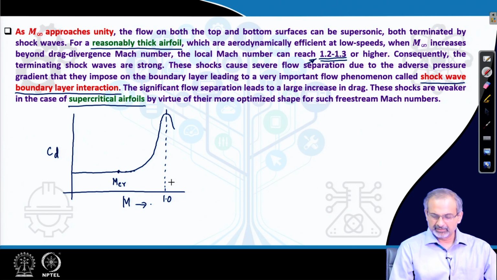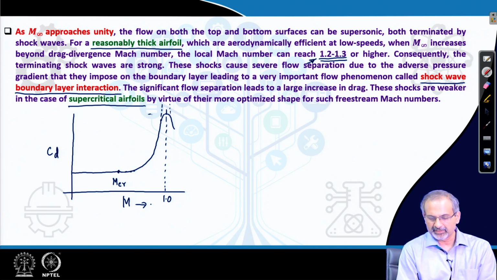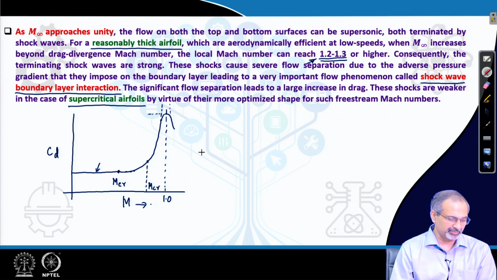So, theory says that there is a very large increase in the drag in that range, but in reality we have a finite drag, but that is significantly more than the drag at these Mach numbers. And the drag divergence Mach number is typically in this range from where the drag increase is happening very rapidly.